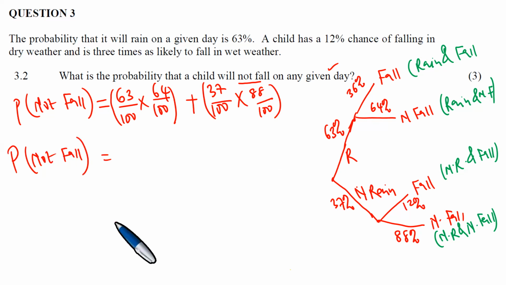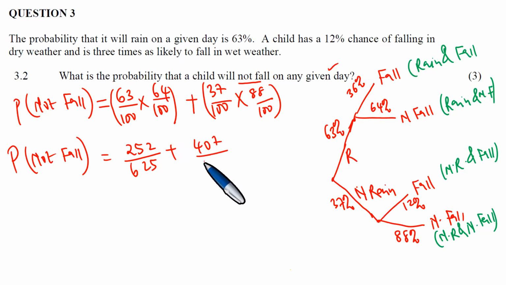Okay, so if you calculate this one, it's 64 and 63, you divide by 100, it gives 252 over 625. Plus, now you look at the 37 and the 88, 407 divided by 1250. The probability that the child does not fall.